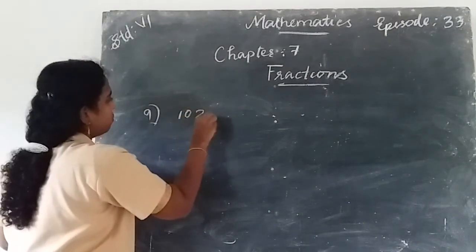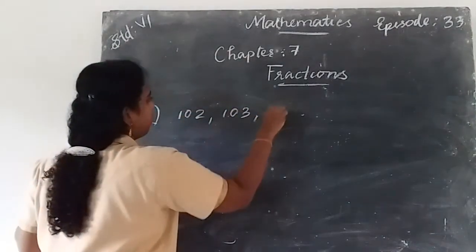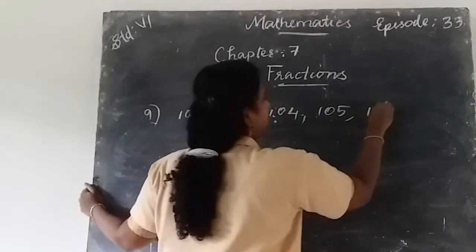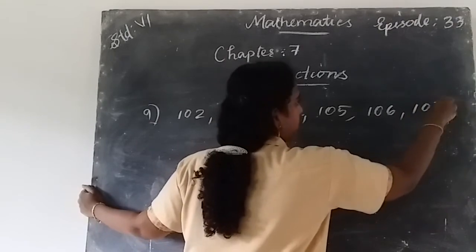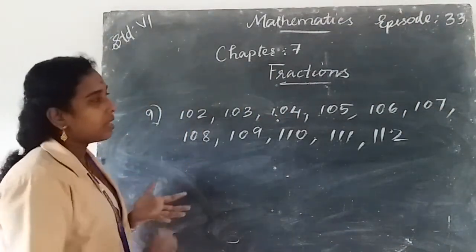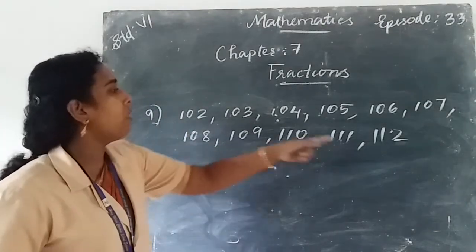102, 103, 104, 105, 106, up to 112. Okay. So here these are the natural numbers from 102 to 112.